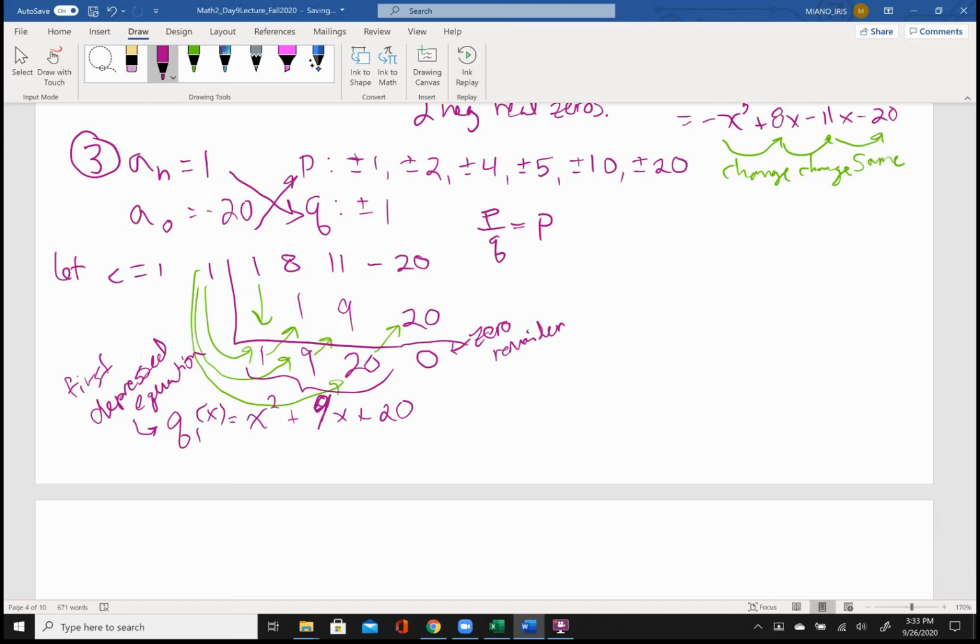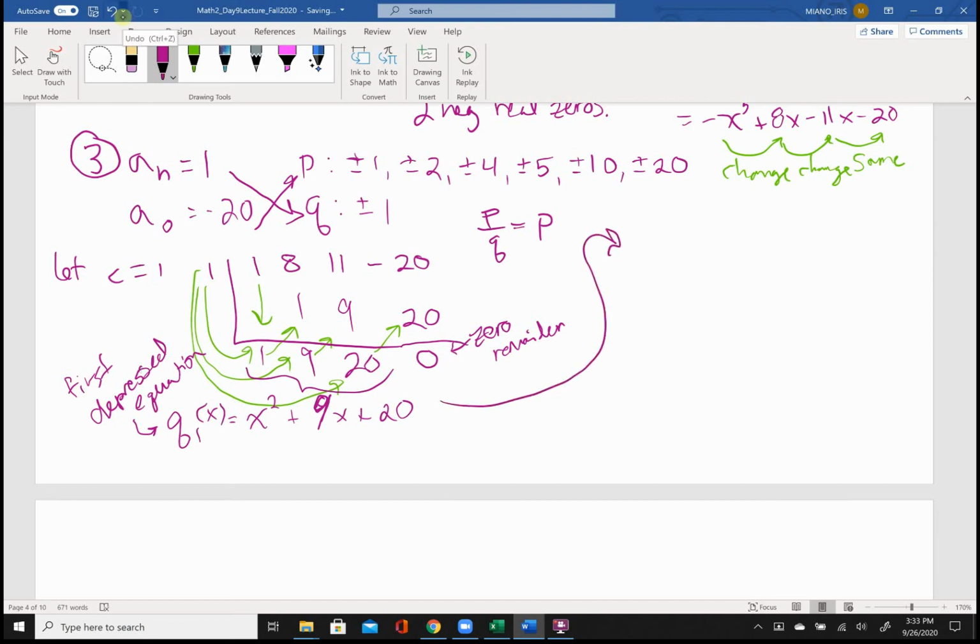Now we want to look at this quadratic function that's left and ask ourselves, can we factor it? We could always do the synthetic division over again with any of the other possible factors. Or, if we recognize it's factorable, let's just factor it.